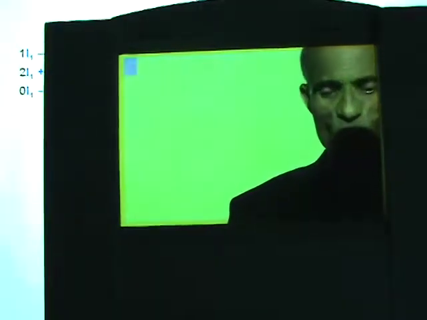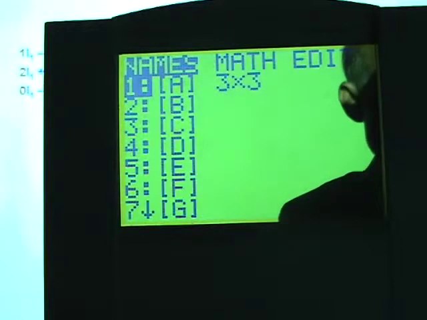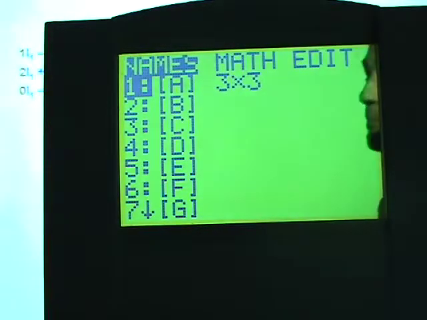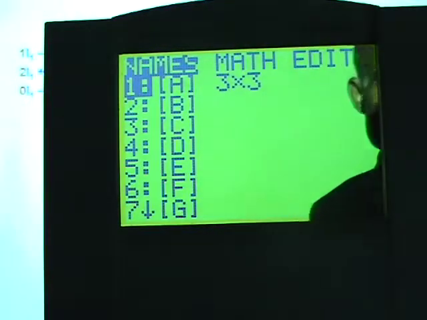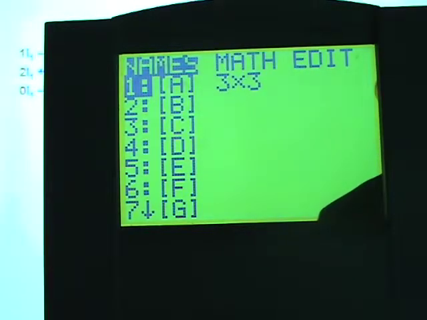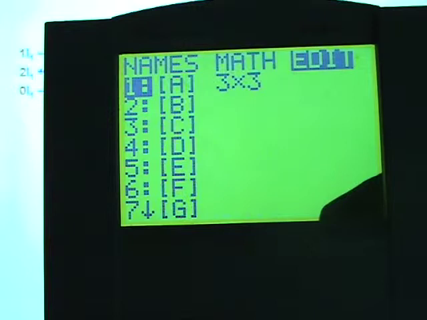I'm going to show you how to construct a matrix. Now, follow these keystrokes. I will give you these keystrokes on the screen as soon as I finish this. Press second X inverse gives you this menu here. What you need to do is use the edit. So go 2 steps to the right and you're going to use matrix A, which is actually selected there.